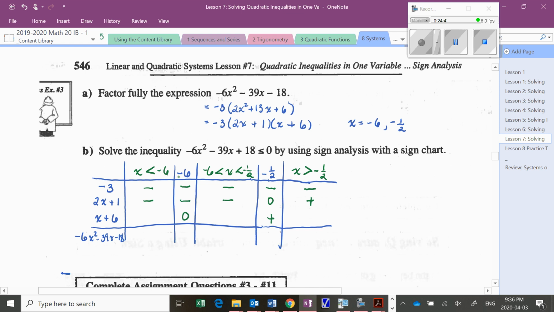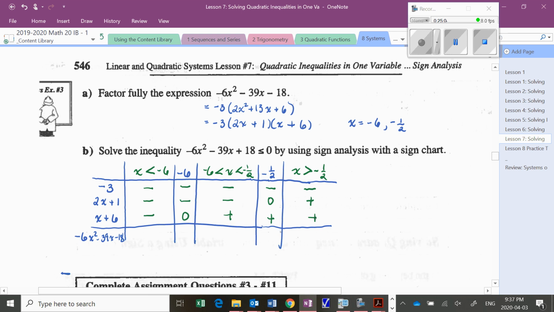So similarly here, if I put in anything that's less than -6 into x plus 6, I end up with a negative value. It's to the left of the 0. Put in anything greater than -6, like -5, -4, -3, anything like that, and everything is now going to end up being a positive value.